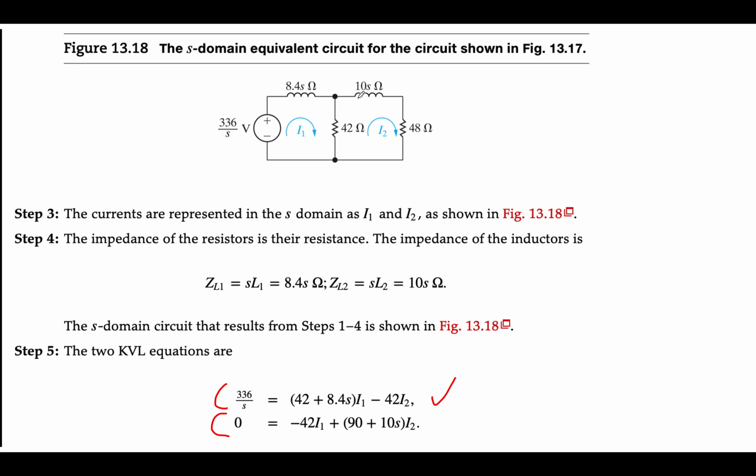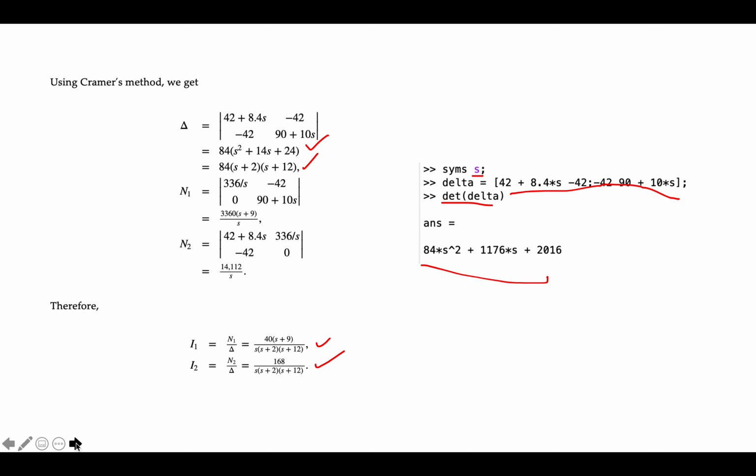In this case, we have two inductors, and they can't be combined. So what happens is, if you have multiple energy storage elements, you can end up with multiple time constants.